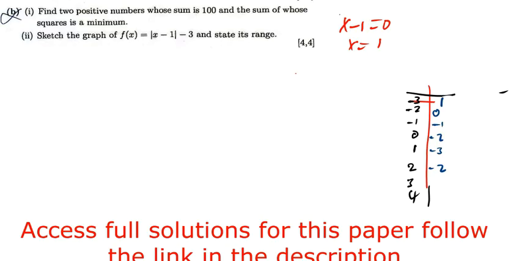If I put 3, 3 minus 1 is 2, and I'll end up having -1. If I put 4, 4 minus 1 is 3, then 3 minus 3 is 0. From here, just come up with the sketch, the graph. That's all. Stop even struggling yourself.